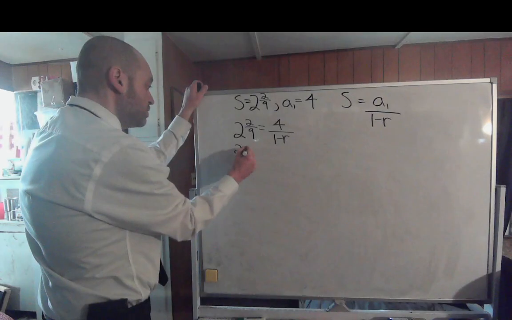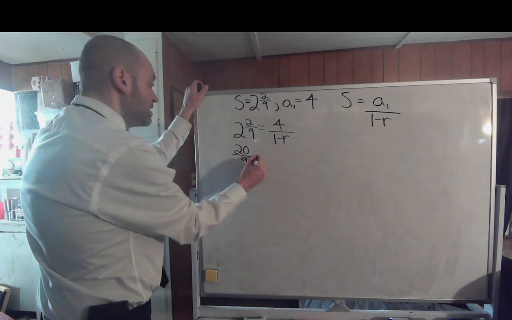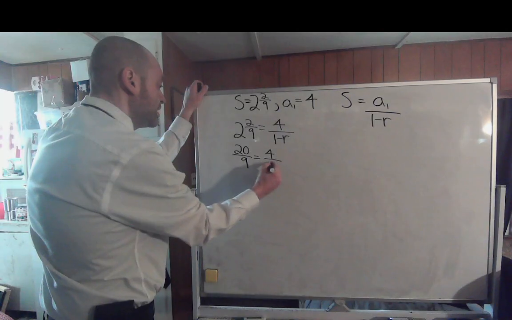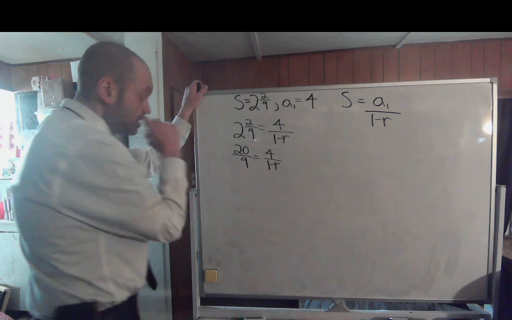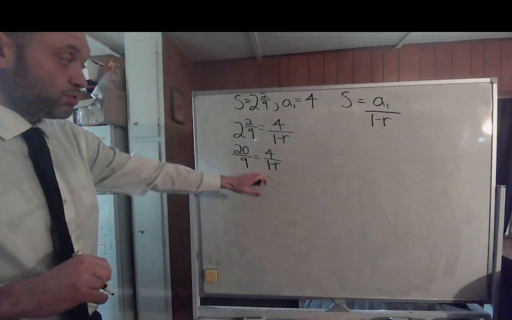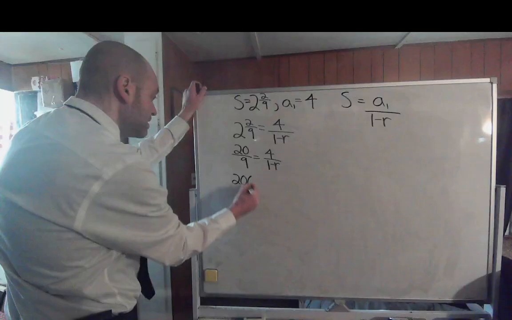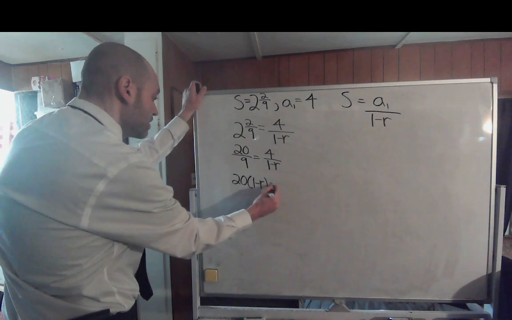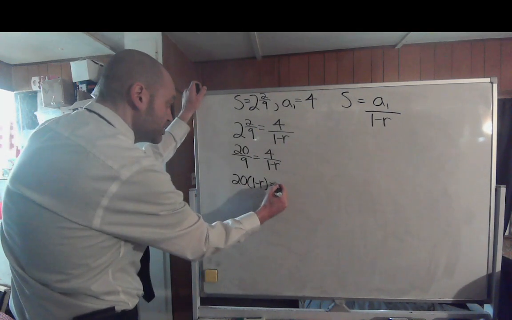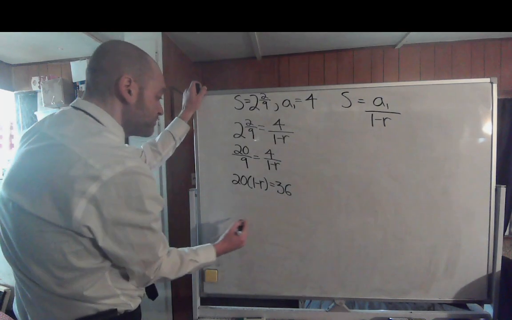Wouldn't that be 20/9 equals 4 over 1 minus r? Which actually we can use proportions now to solve for this. You can get 20 times 1 minus r is equal to 36.